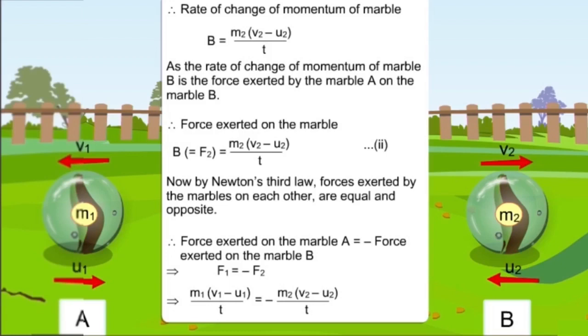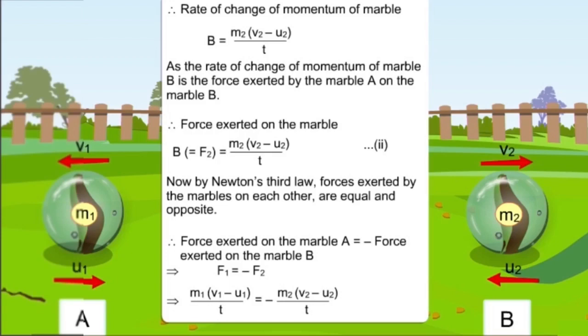That these two forces are equal, and they are also opposite to each other. That is why we have specified this minus sign, okay. So, F1 is equal to minus F2. I hope you are able to relate why we have put this minus sign and what is the significance of it, right.